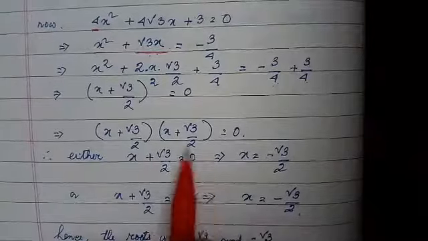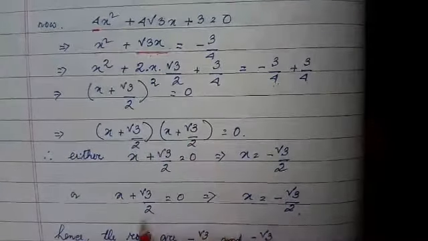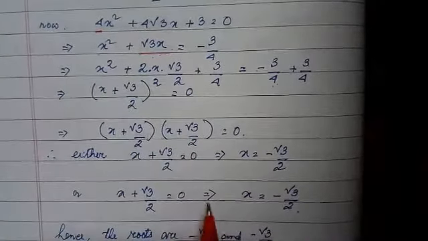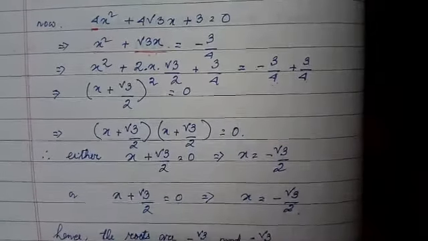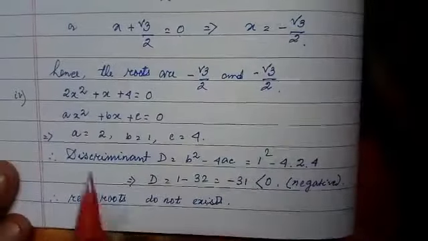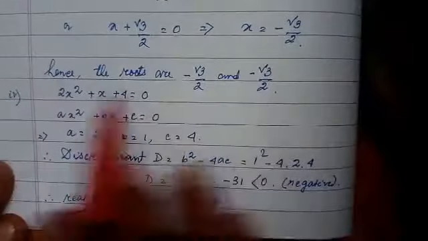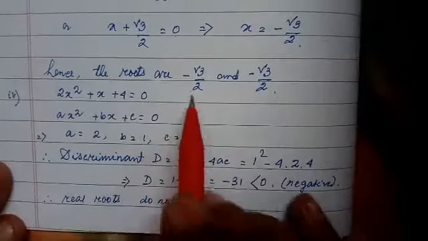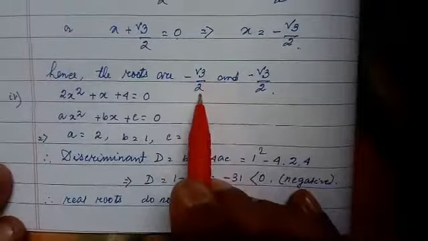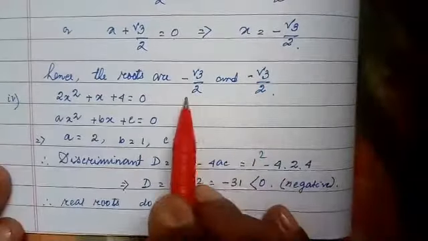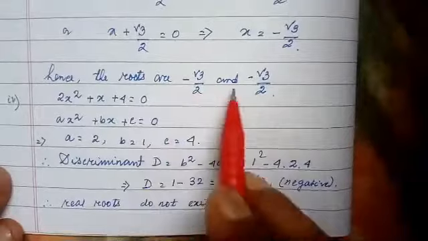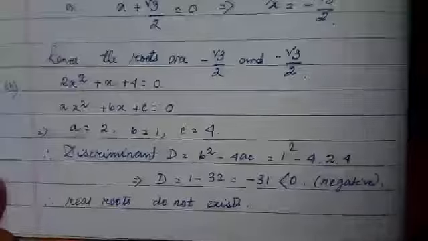Again, another factor, x plus root 3 by 2 is equal to 0 implies x is equal to minus root 3 by 2. Hence the roots of the given quadratic equation are minus root 3 by 2 and minus root 3 by 2. What we have predicted, that is roots are real and equal. So roots are real and these are equal, minus root 3 by 2 and minus root 3 by 2.